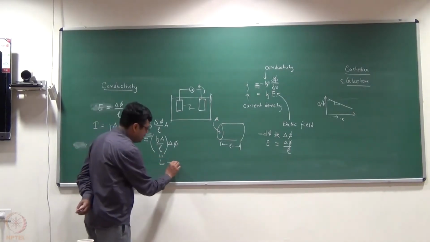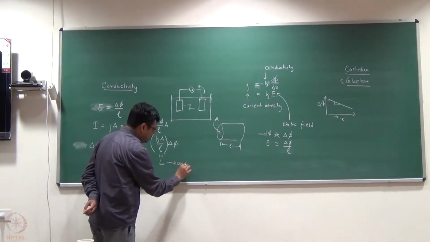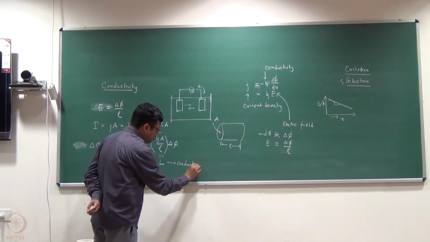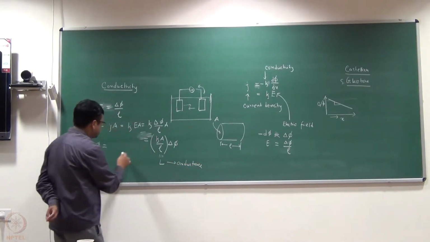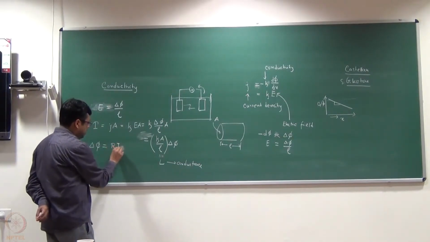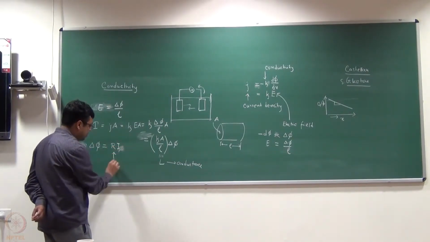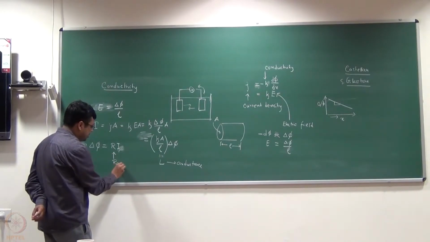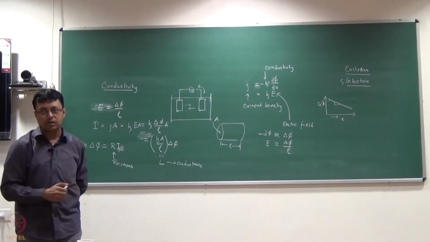Or I could have written this equation as delta phi is R into I, where R is the inverse of conductance, which is resistance. Clear?